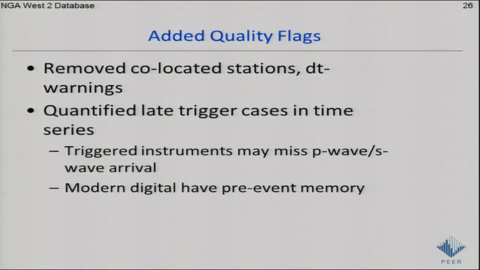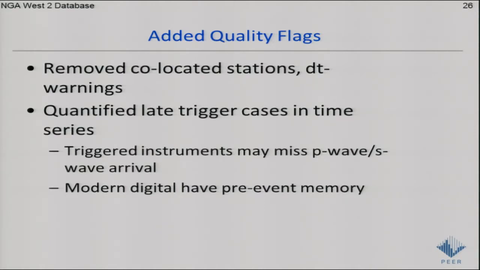So each instrument was looked at, and we wanted to know if it recorded the P and the S wave, or if it just missed the P, or if it missed the S wave. And so we created a new flag that will be included in the flat file that will say whether or not the S or the P wave was missed.